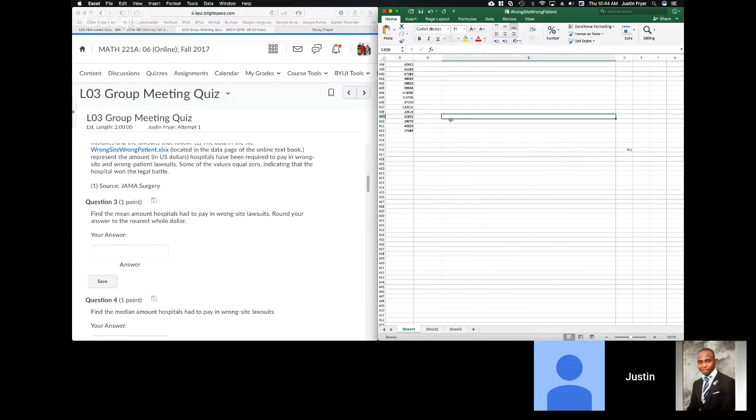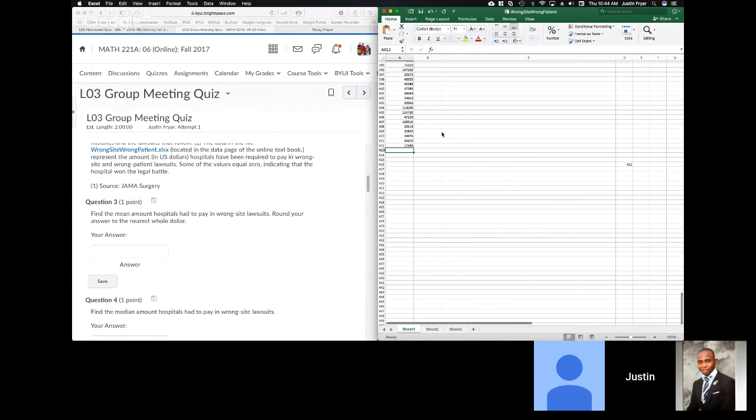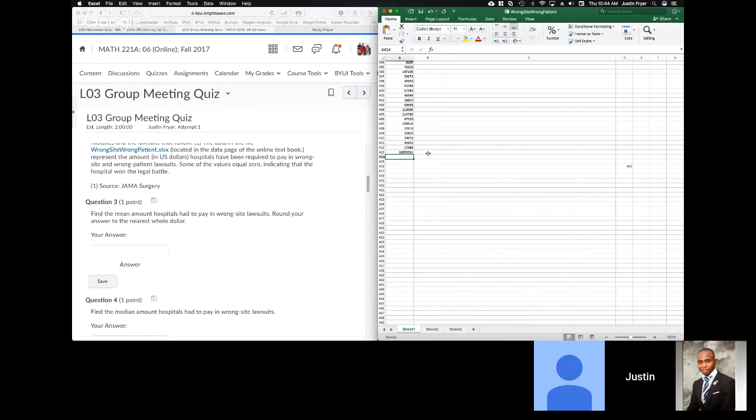Okay. So what we do is we need to take the total. So we'll write a formula here. Because I got a bit confused. I thought we were counting, like we're summing the numbers within those cells, but I guess that makes sense now. Yeah. So in total, they paid out $32,896,000 over 411 cases.